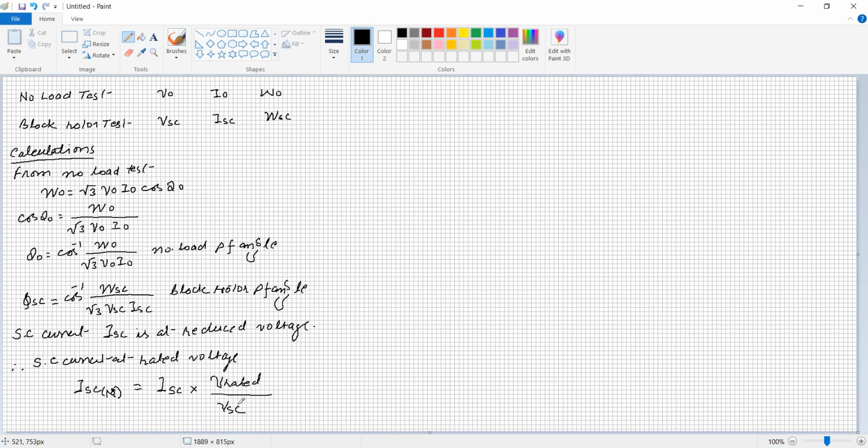Suppose here it is 7.5, just as an example. So it is 7.5 multiplied by V rated, that is 400 volt, divided by 65 volt. So that will be the short circuit current at rated voltage. So we have found the short circuit current under rated voltage.